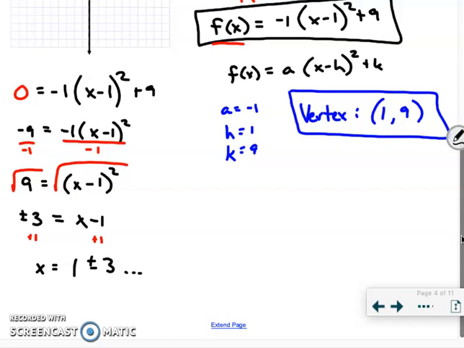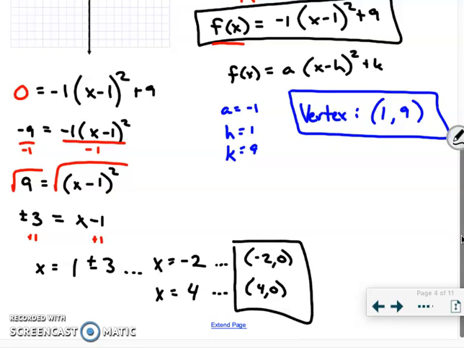So let's start with the subtraction. 1 minus 3, we get that x is equivalent to negative 2. If we did the addition, 1 plus 3 is going to tell us x is 4. So in terms of x-intercepts, we're talking about these points at negative 2, 0, and positive 4, 0. But again, these are my x-intercepts.